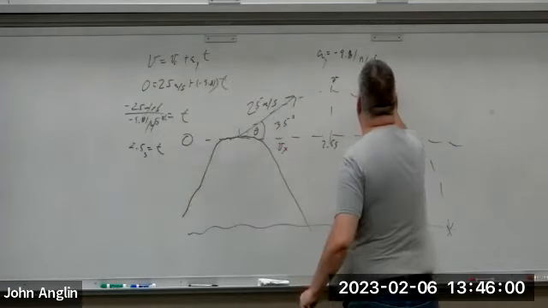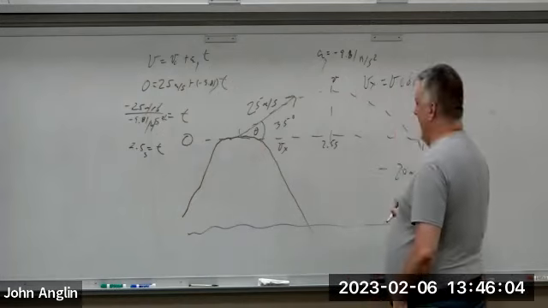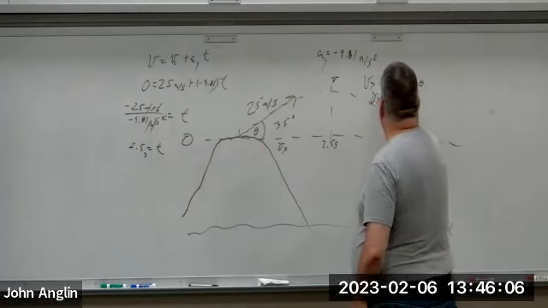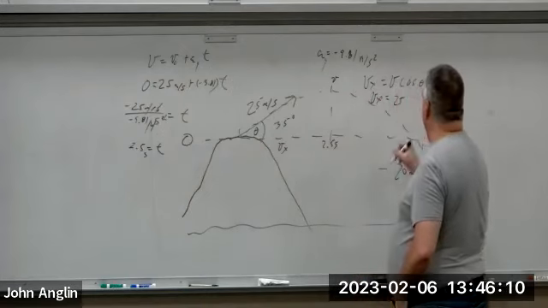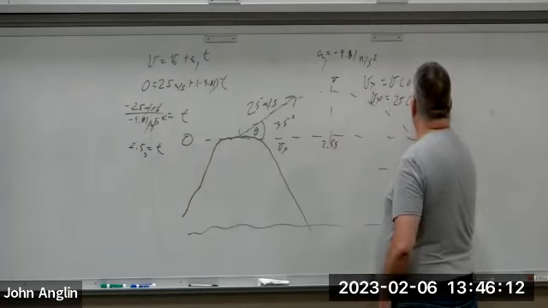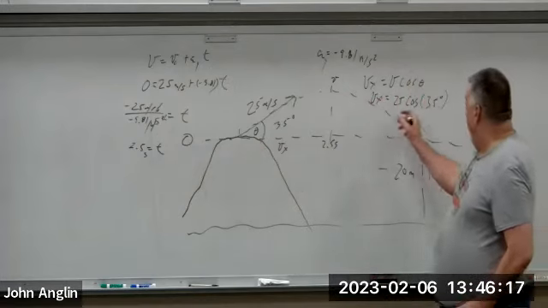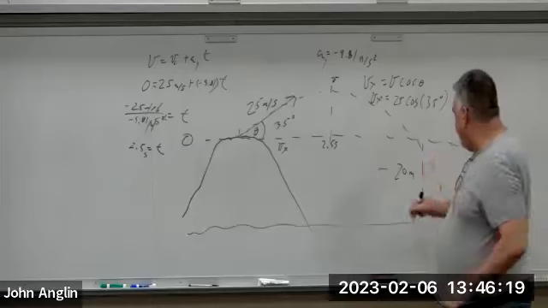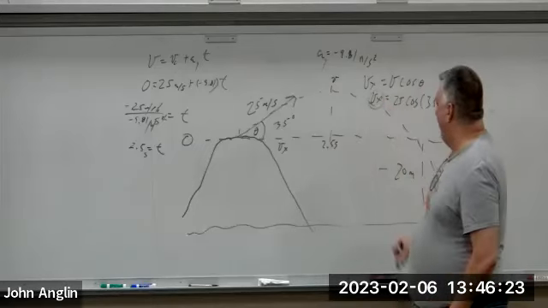I know my v sub x is just v cos theta. I know v is 25 meters per second and theta is 35. So you can work this out. I don't know what it is off the top of my head, but we'll get a value for v sub x.